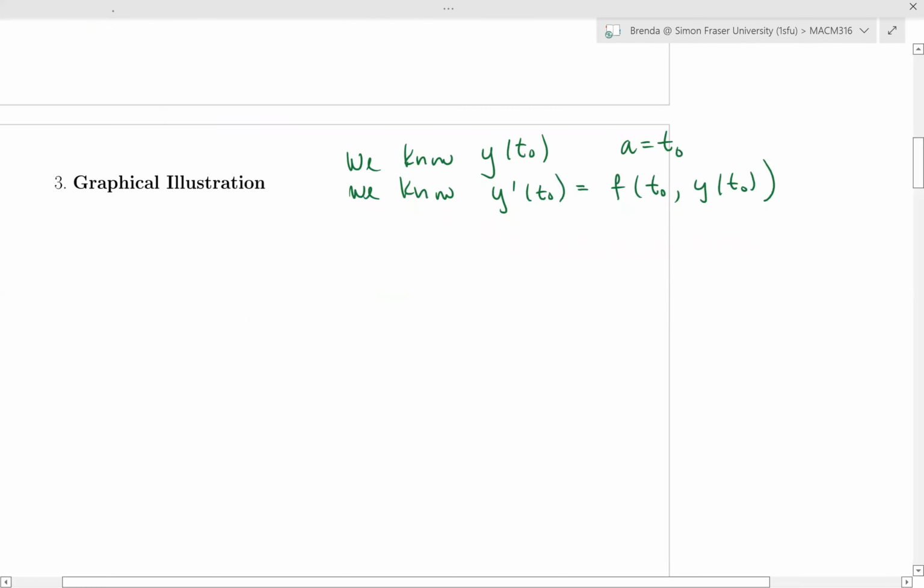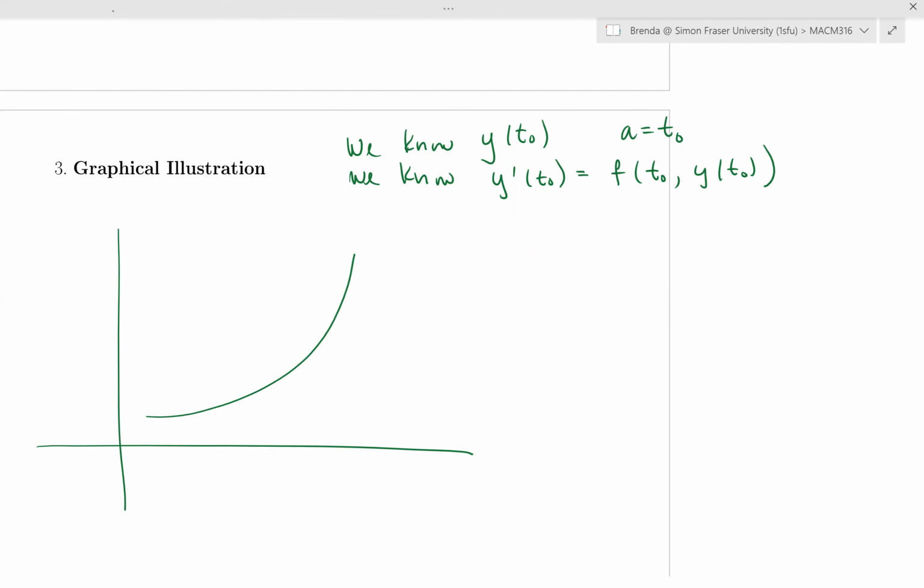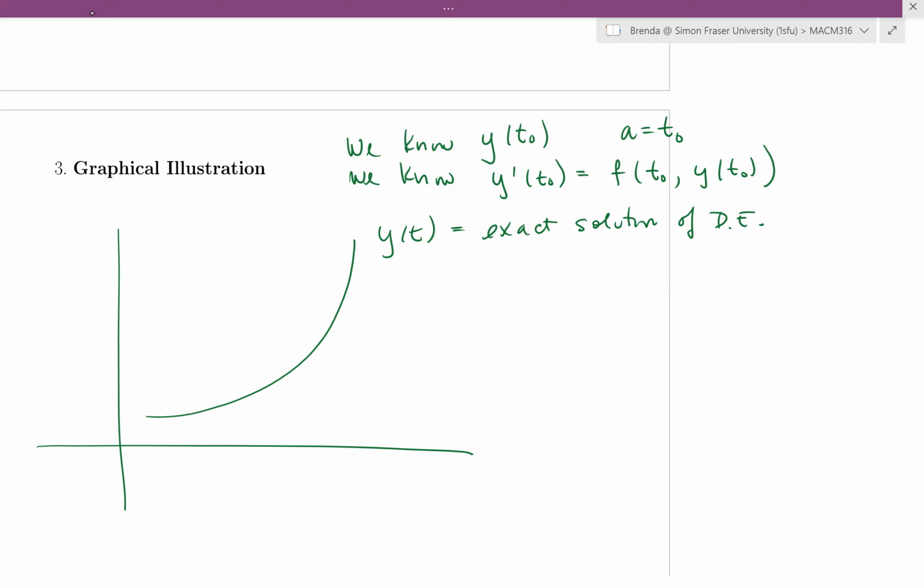We've got a differential equation. It has an exact solution, which is this curve. We don't actually know it, but it does exist, so we've checked that. Right now, we want to approximate this.